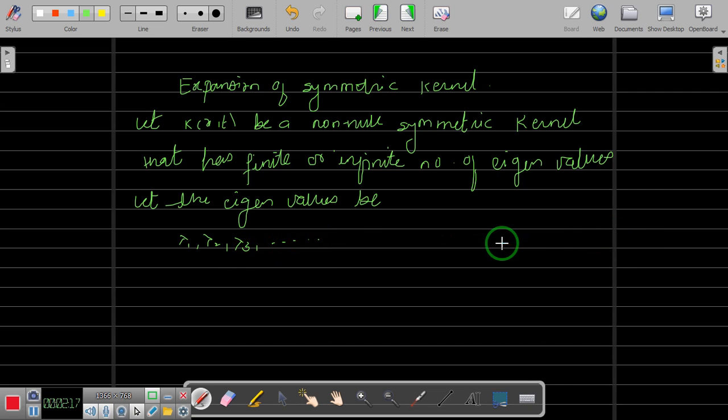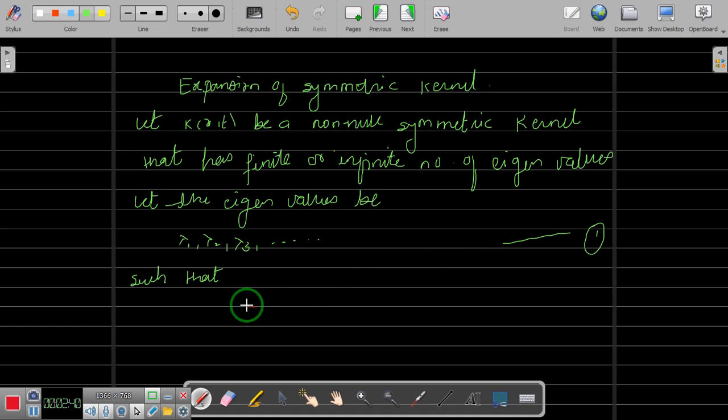Let us take this as equation number 1. We are writing this such that if any eigenvalue is repeated 10 times, then lambda 1 equals lambda 2, up to lambda 10.